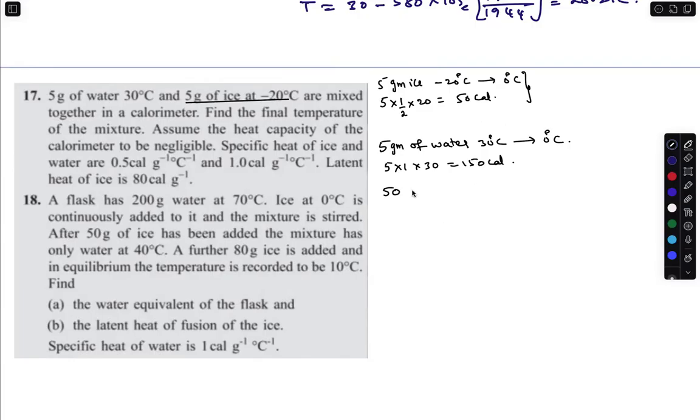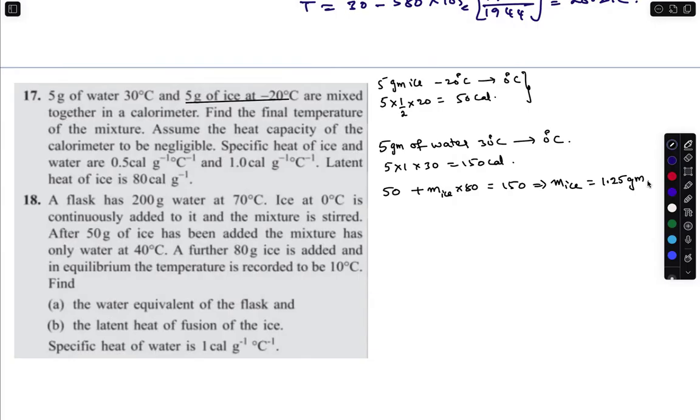So 50 calories plus some mass of ice into 80 is equal to 150, which implies the mass of ice melted is 100 by 80, that is 5 by 4, 1.25 gram.